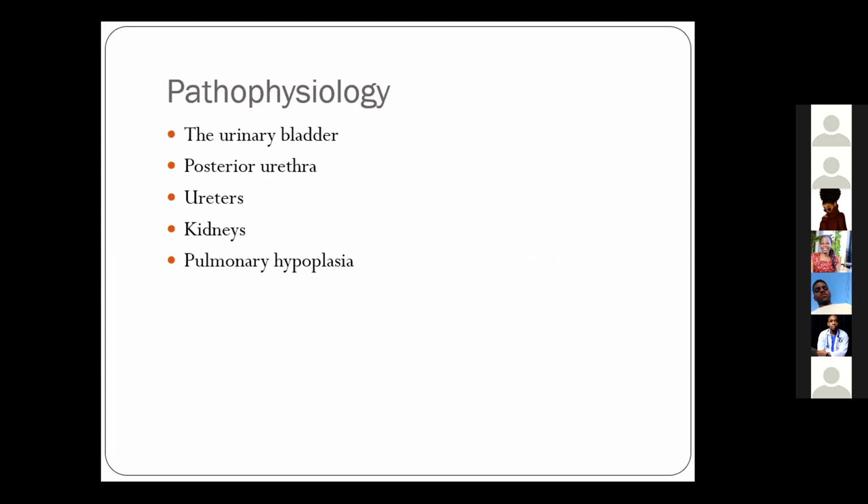So in this pathophysiology, we shall realize that the bladder, the urinary bladder suffers, the posterior urethra suffers, and of course, the ureters and the kidneys, because those are all proximal to the point of obstruction. And of course, the worst is pulmonary hypoplasia. And this is the commonest cause of serious problems in these children.